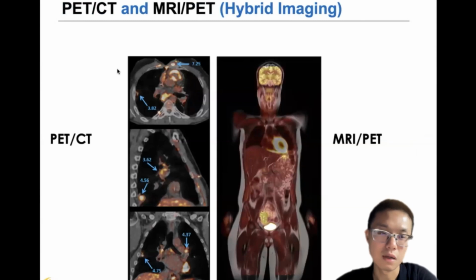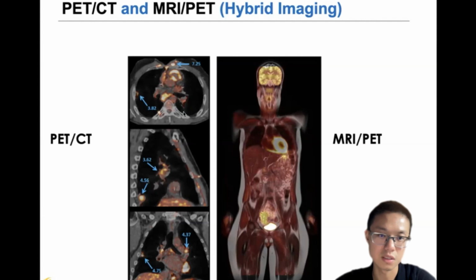And sometimes you can see different modalities combined in a single scanning machine. So we can do PET and CT, or MRI and PET, for hybrid imaging. Here is the PET and CT hybrid imaging.